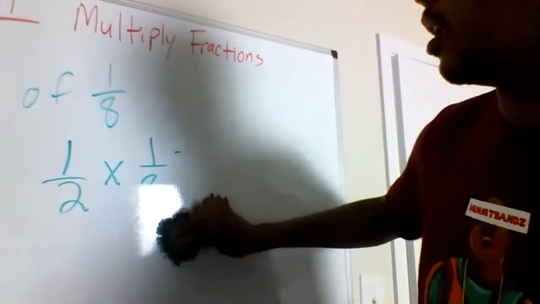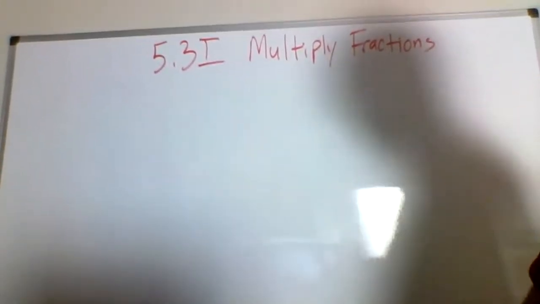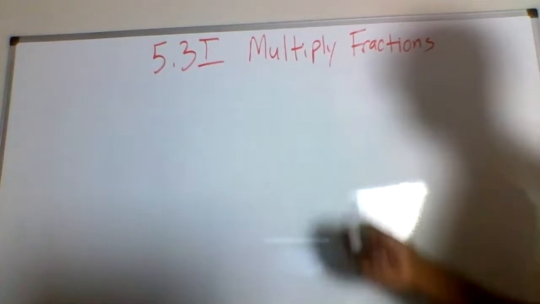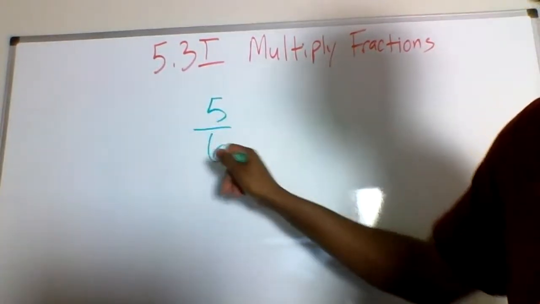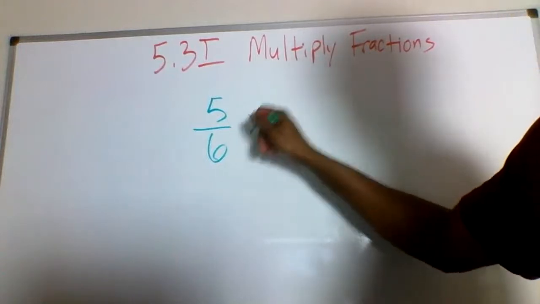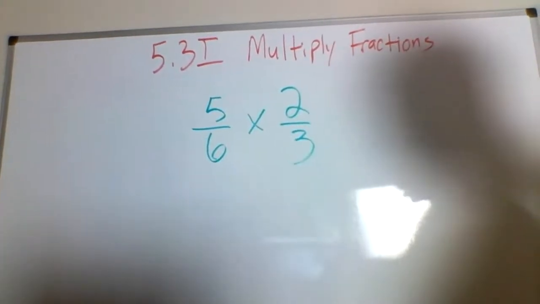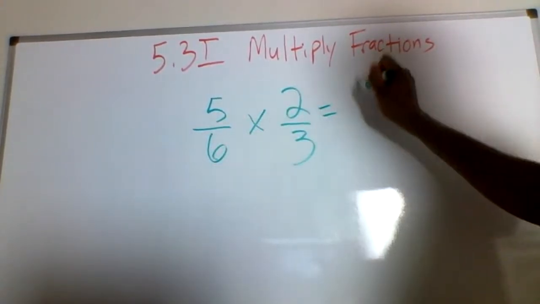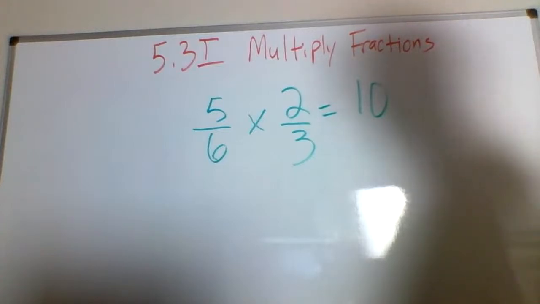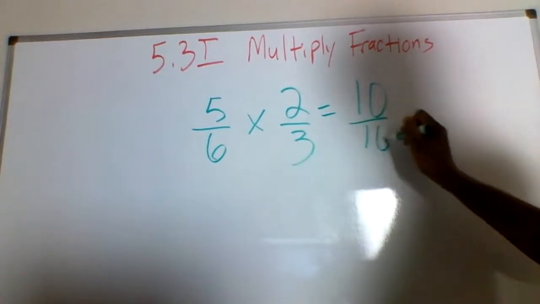All right. So you'll say, okay, 5/6 times 2/3. All right. Okay. Well, 5 times 2 is 10, and 6 times 3 is 18.